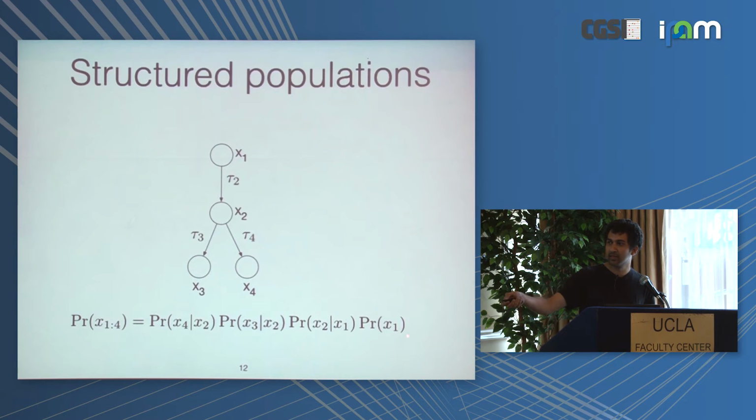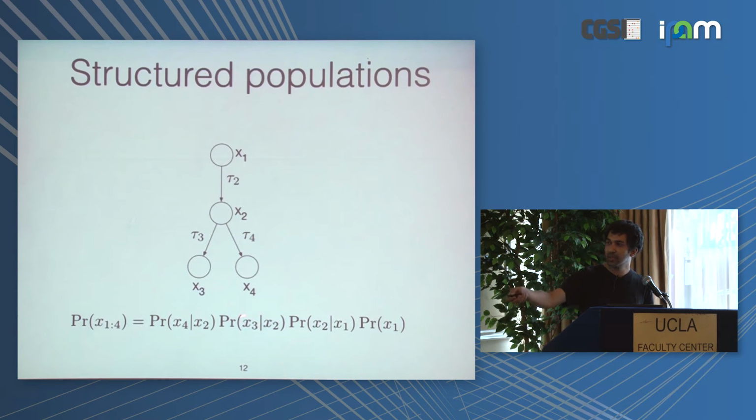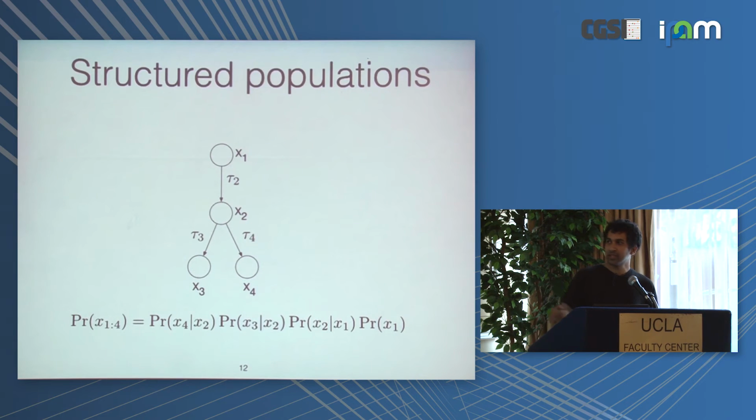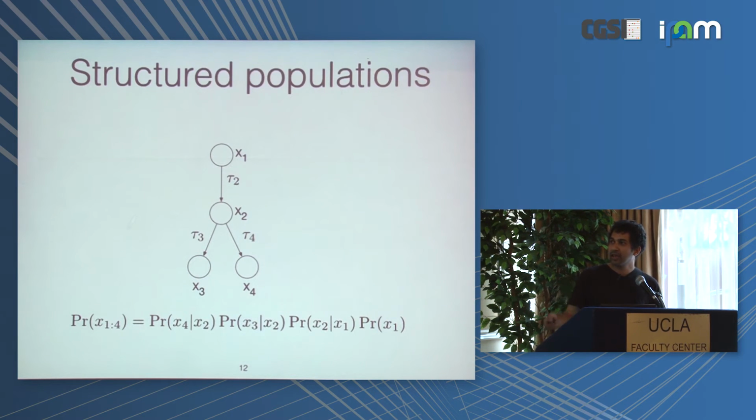So if you look at the factorization of this probability, you'll have x sub 4 only depending on x2, and x sub 3 only depending on x2, and x2 depending on x1, and x1 is at the root of this model, and so it has no further dependencies. So essentially, you can factorize this model in a way that describes how these populations are related. So this is the joint distribution amongst these populations at a single position in the genome.